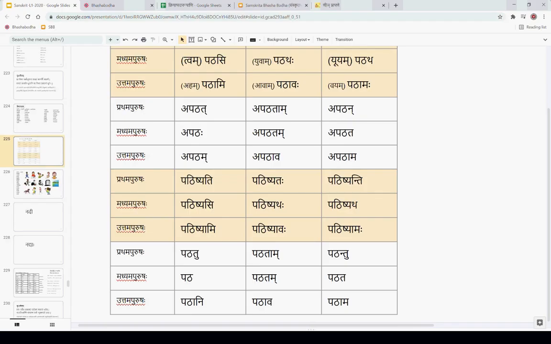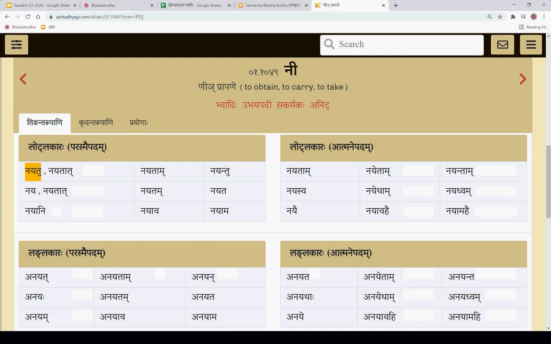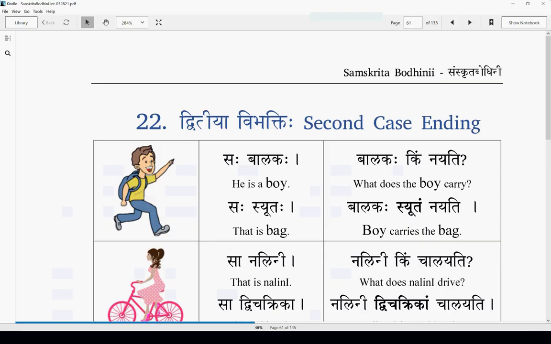If you do not have any question on what we discussed so far, you can move on to the next topic, Dvitiya Vibhakti, the second case ending. I hope everybody remembers what a Vibhakti is. My question was, what is a Vibhakti?